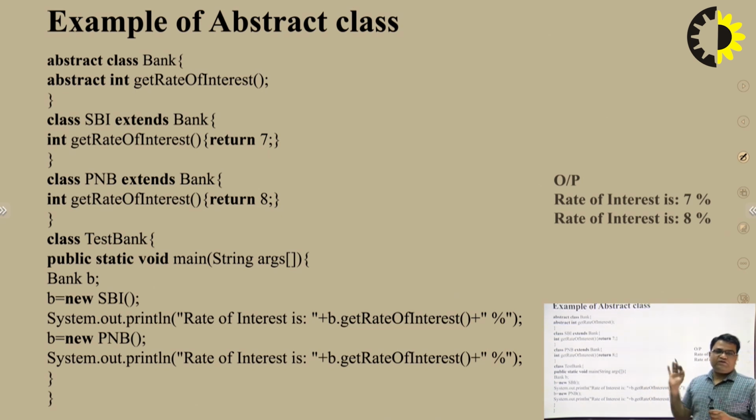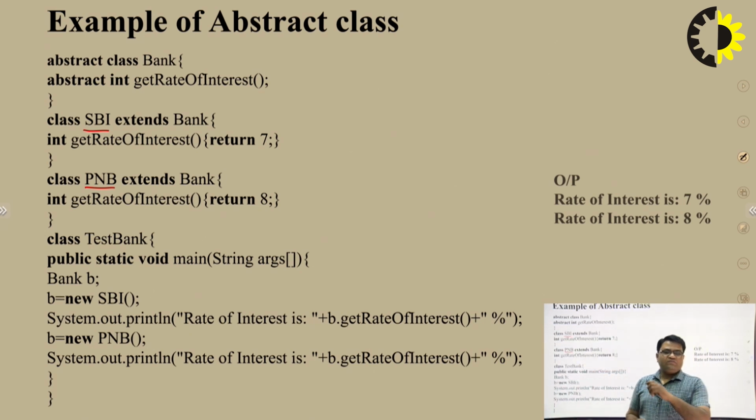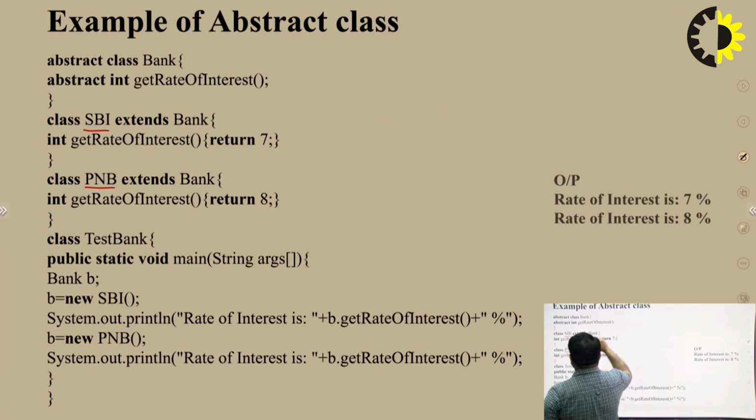The name of the abstract class is Bank, and it is extended by two derived classes, SBI and PNB. The SBI class extends the abstract class Bank, and the second class PNB also extends Bank. These two classes have different implementations of the abstract method declared in Bank.